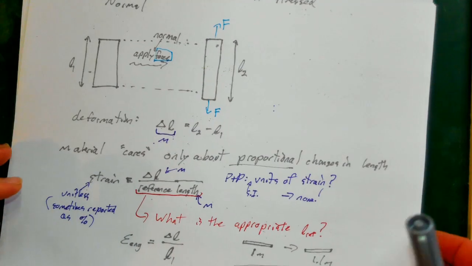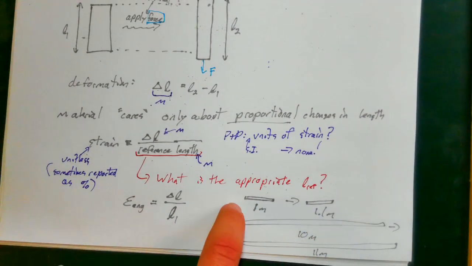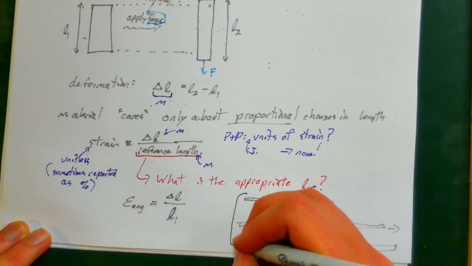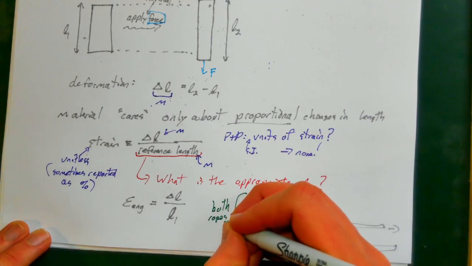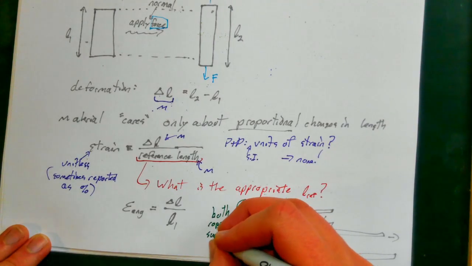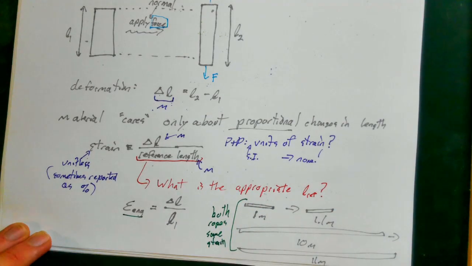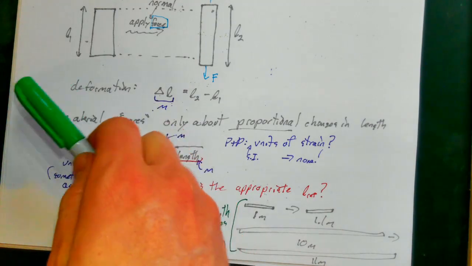Sorry, I got cut off a little bit there. If I took a 1 meter rope and stretched it to 1.1 meters versus taking a 10 meter rope and stretching it to 11 meters, in both cases, both ropes have the same engineering normal strain in their deformed states.